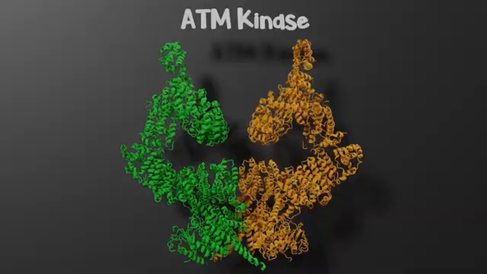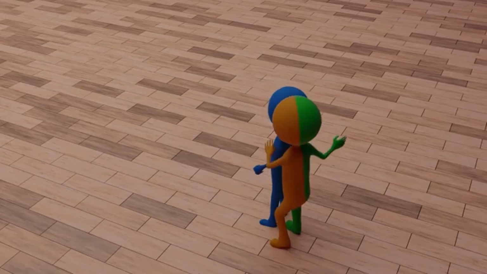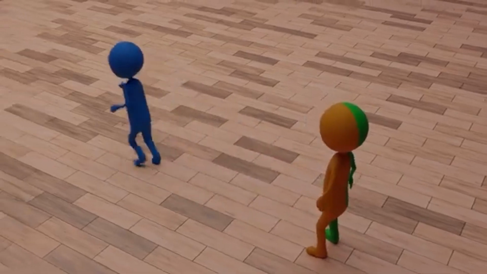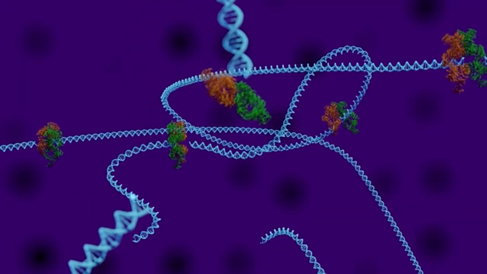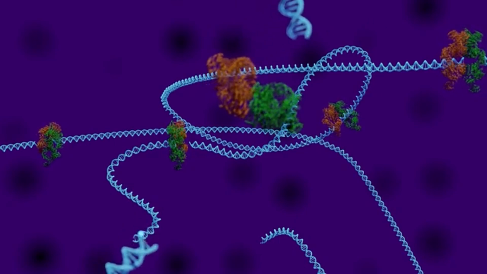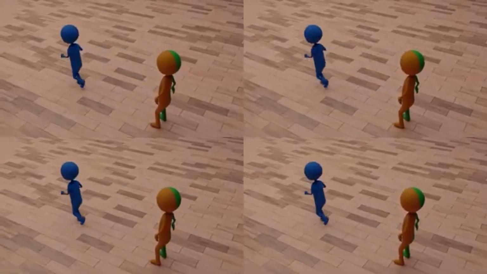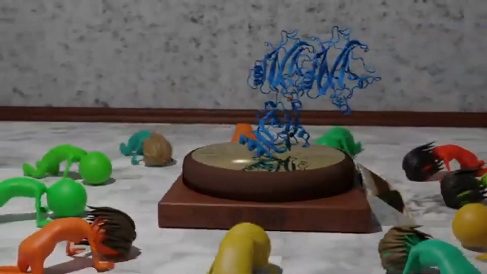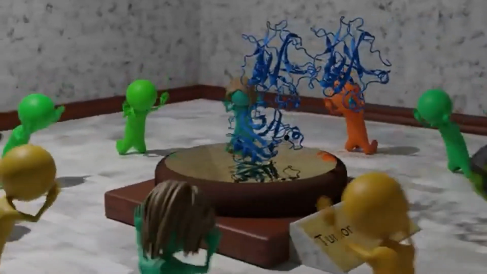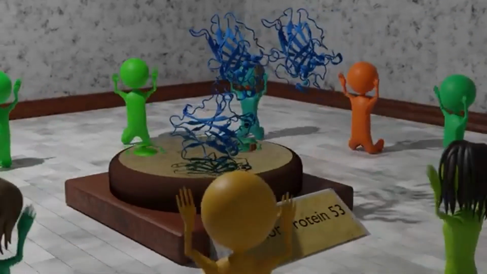ATM kinase is involved in repairing extensive DNA damage and also phosphorylates the p53 protein. If there are many DNA problems, then there are more ATM kinases to fix them, which stimulate more p53 protein. p53 is the key protein to solve and prevent cancers, hence its name, tumor protein 53.